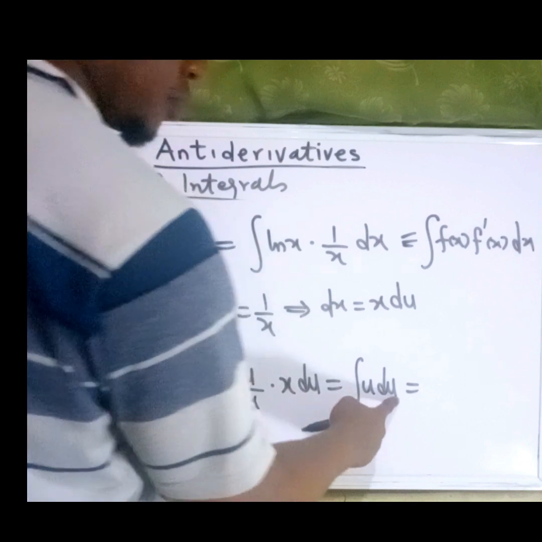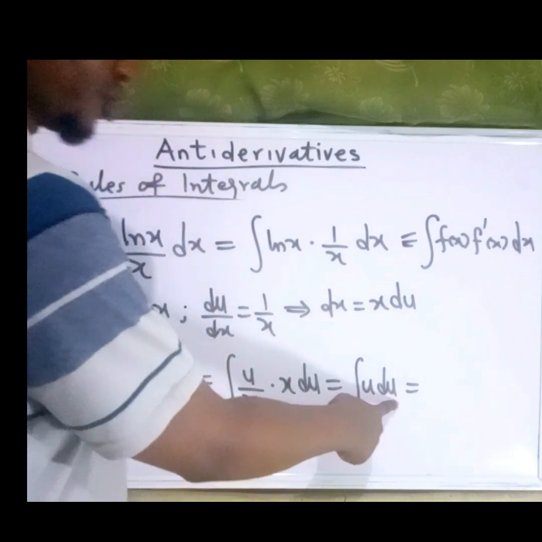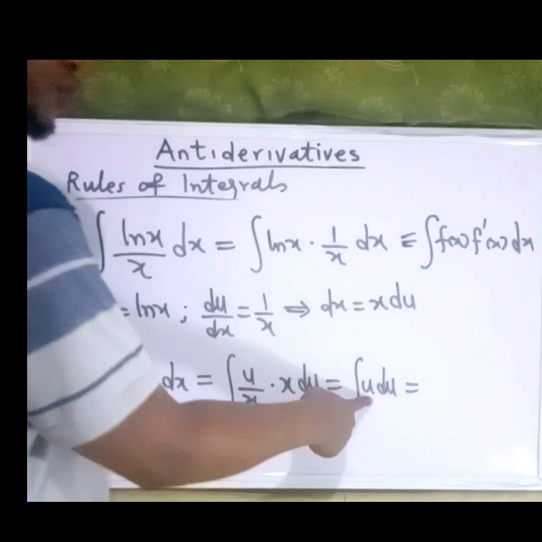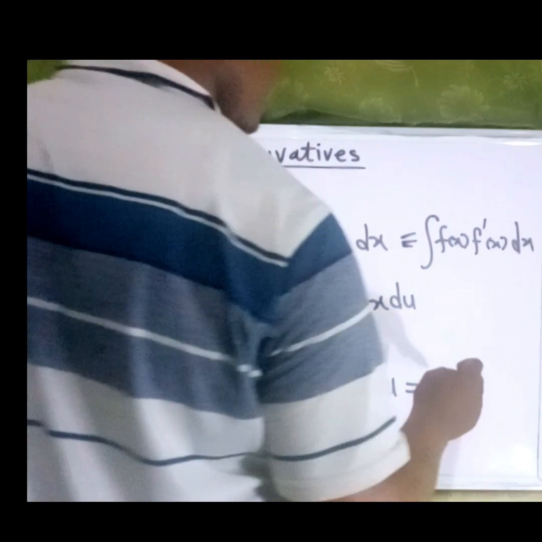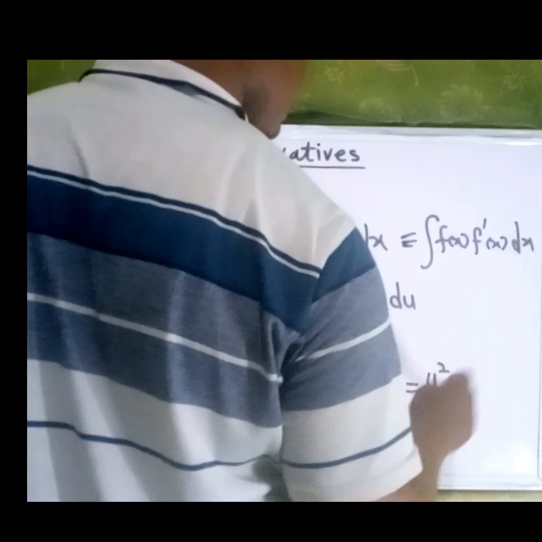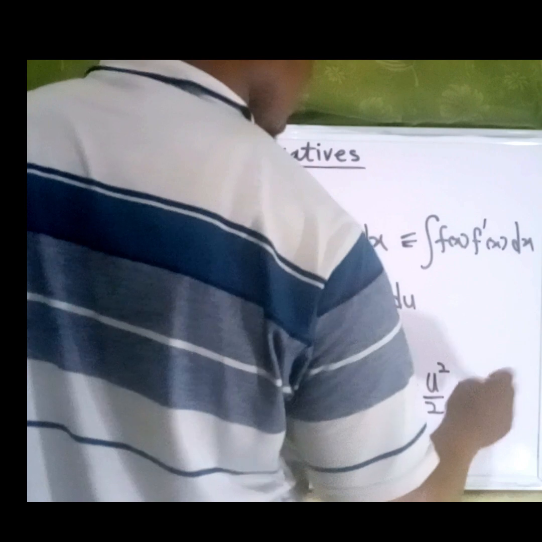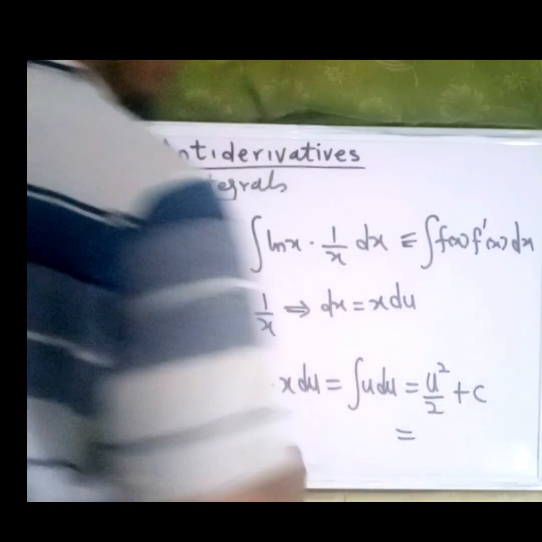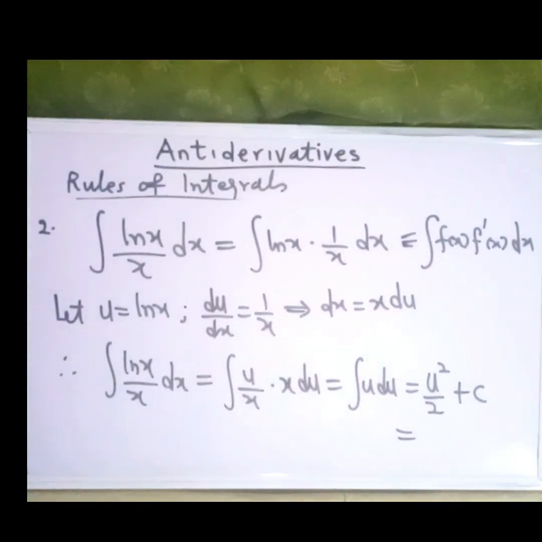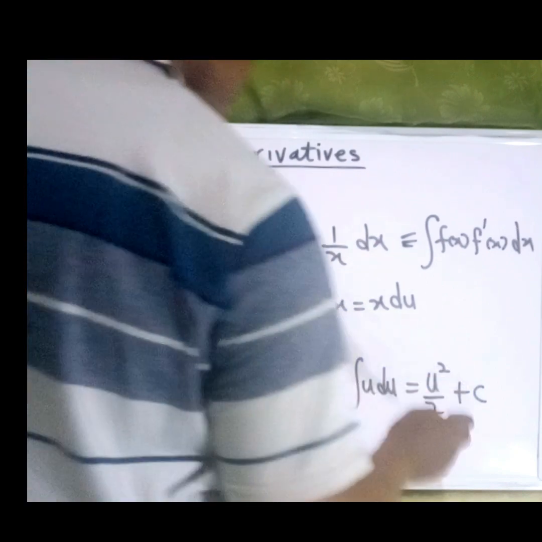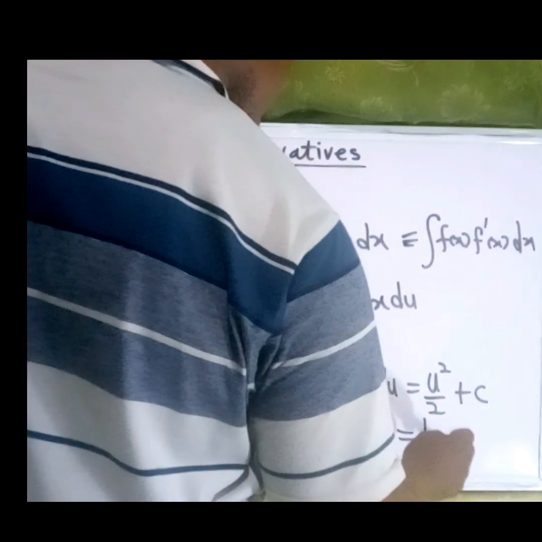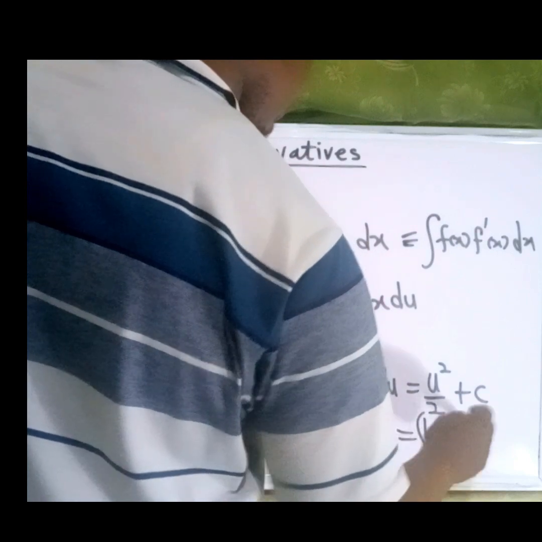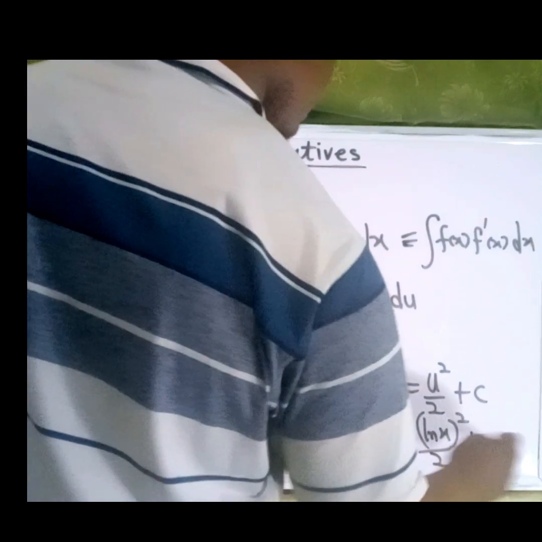The variable of integration is now u, so if you integrate u, this will be u squared over 2 plus c, and when we replace u, this will be (ln x) all squared over 2 plus c.